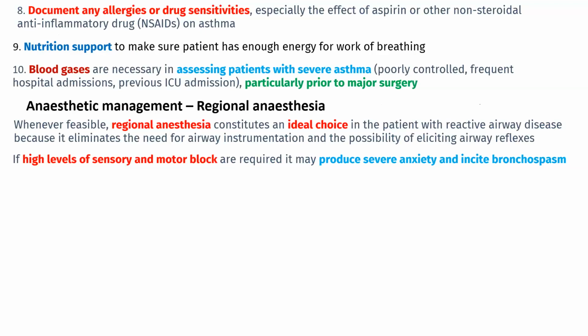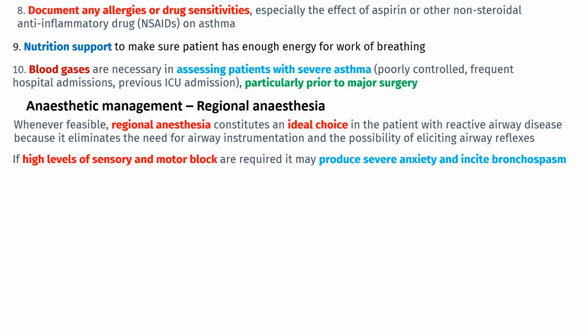That will be spared. So older textbooks usually say, for any surgery below the umbilicus, spinal will be ideal for any reactive airway patient or an asthmatic patient, because the unopposed sympathetic activity will facilitate bronchodilation, and patients will feel more comfortable if there is a block below the level of T10.